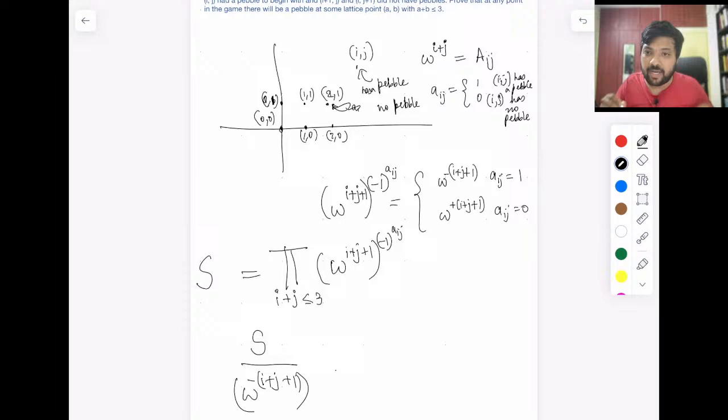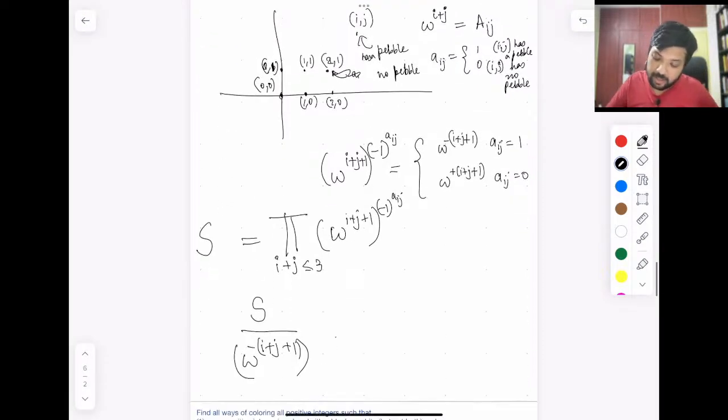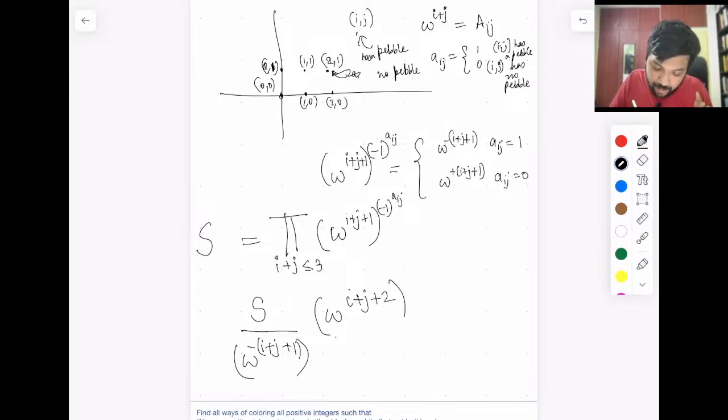But then you placed 1 at (i, j+1) and (i+1, j), which means those particular contributions got multiplied into the product. So you get omega power (i+j+2), because i+1+j+1 is i+j+2, power minus 1 power 1, obviously because you placed a pebble there, into another expression of the same type, so squared. So this is what will happen.